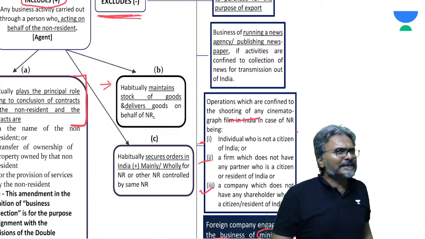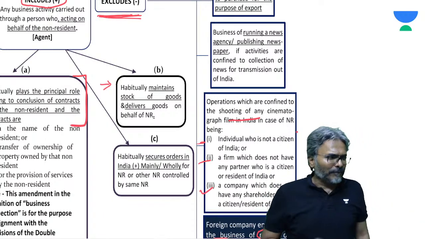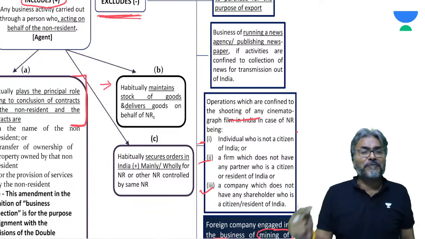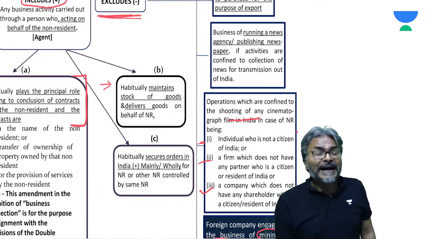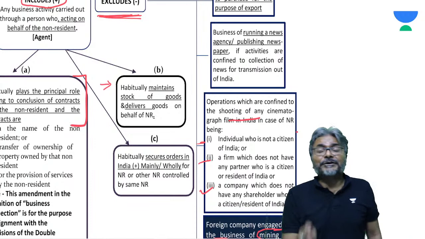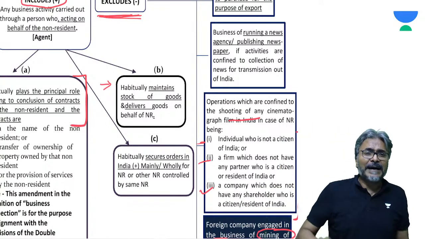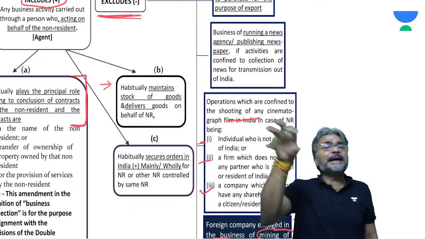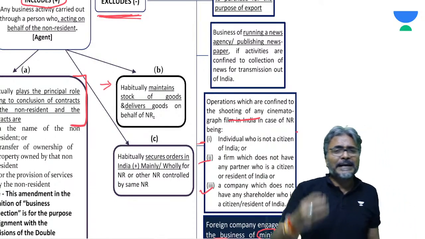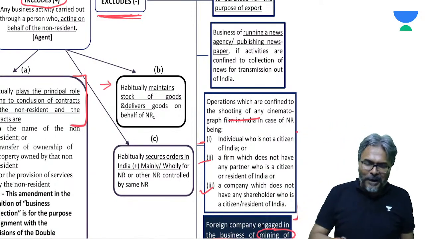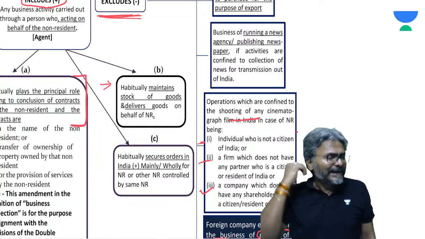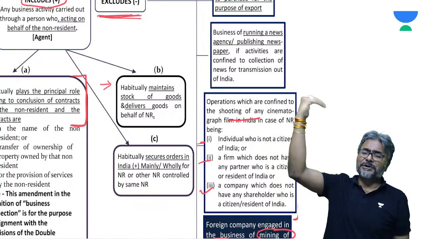So what is the activity which the agent will have to perform in point number B so that the non-resident gets the business connection in India? Point number B says that the agent is habitually maintaining the goods on behalf of the non-resident and delivers the goods as per the instruction of the non-resident.